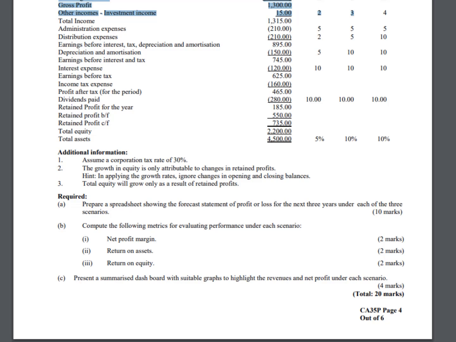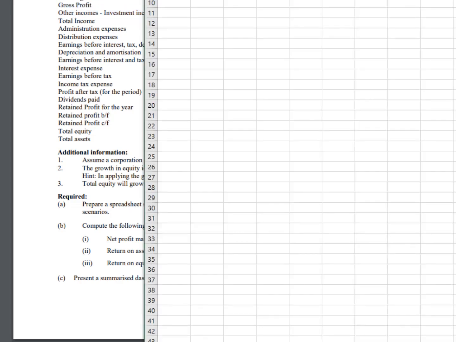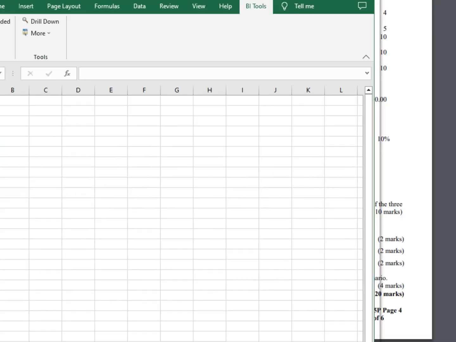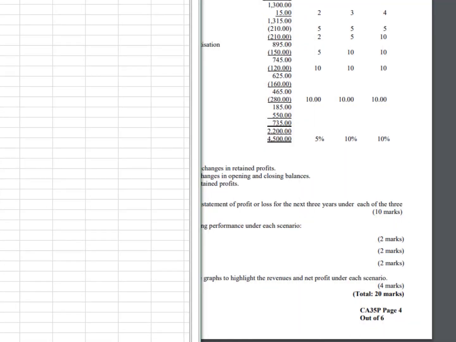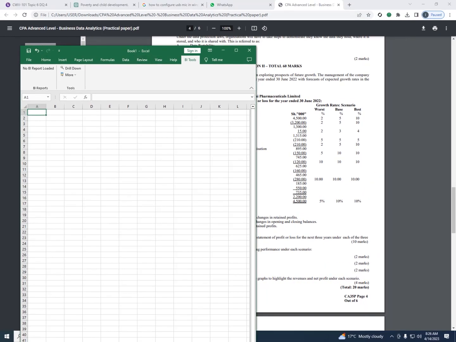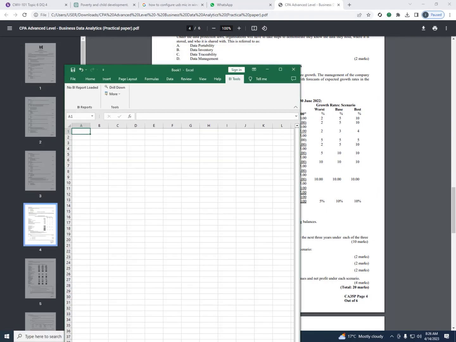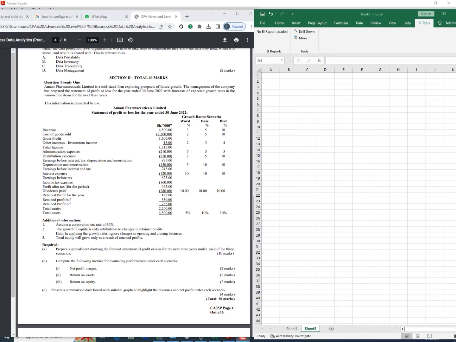So, Step 1, we simply open up Excel and we copy down this data on Excel for the purposes of working it out. So we begin copying down the data. From this side, we shall show revenue.